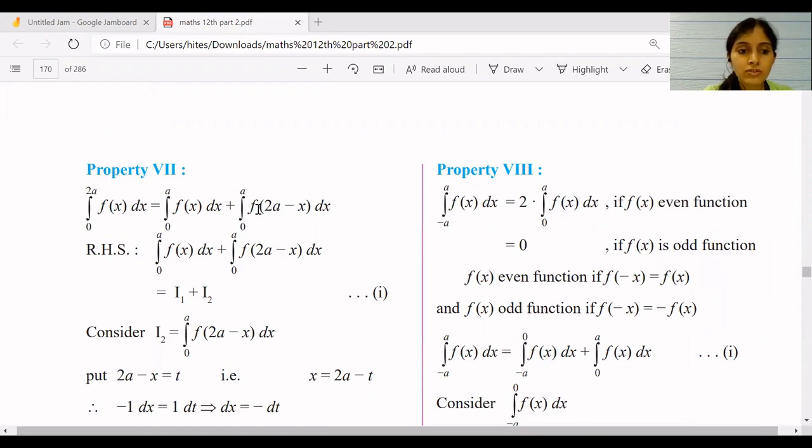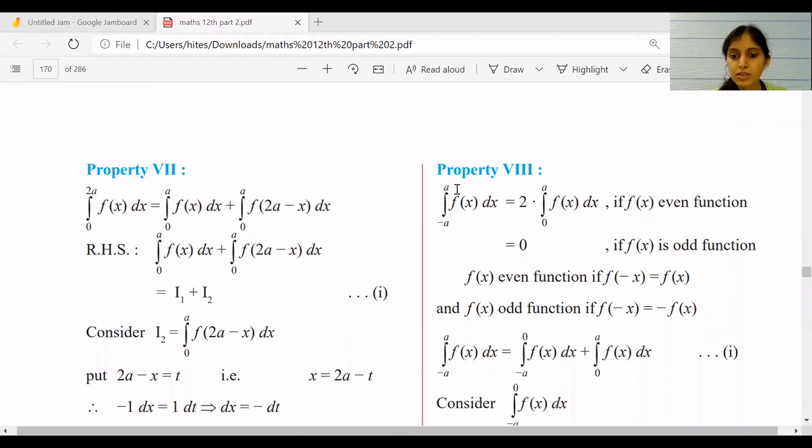So if you have a lower limit as 0 and higher limit as 2a, where a is a constant, any value, then you can split it as 0 to a f of x dx plus 0 to a f of 2a minus x dx. We don't have to do the proof of the property, we learn it as a property and use it in our sums.